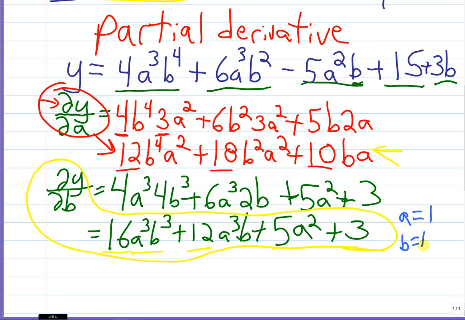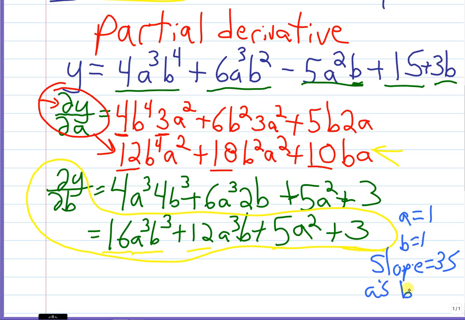Because it's easy to calculate. The slope would be 35 in the y direction, in the direction as we increase b, right?